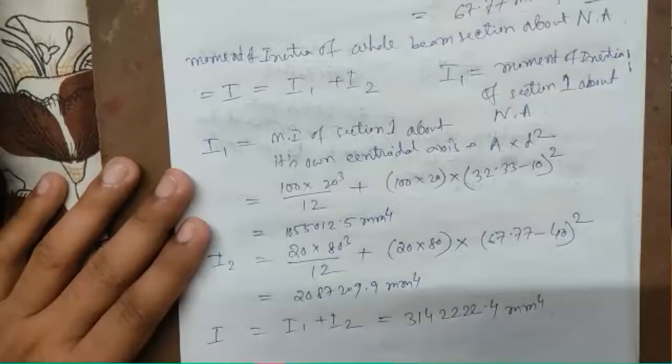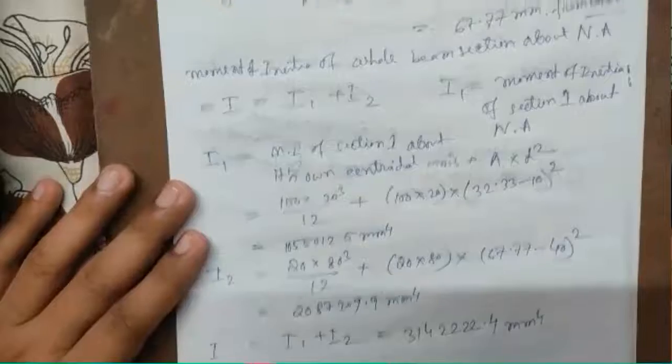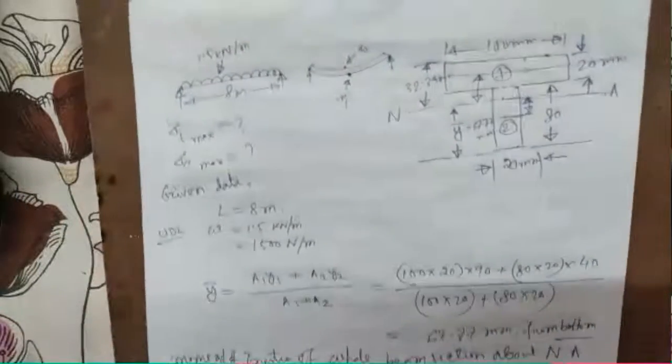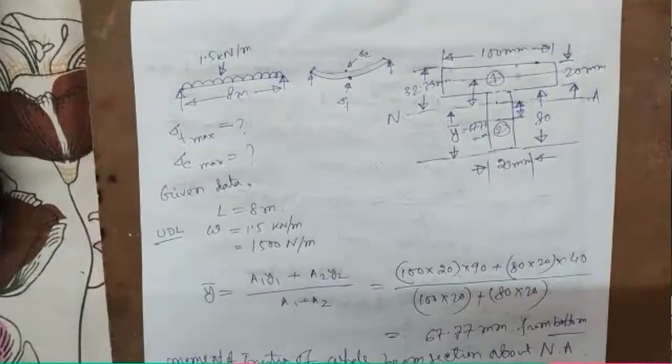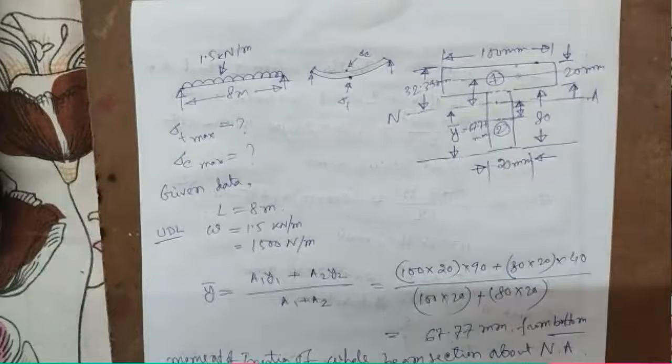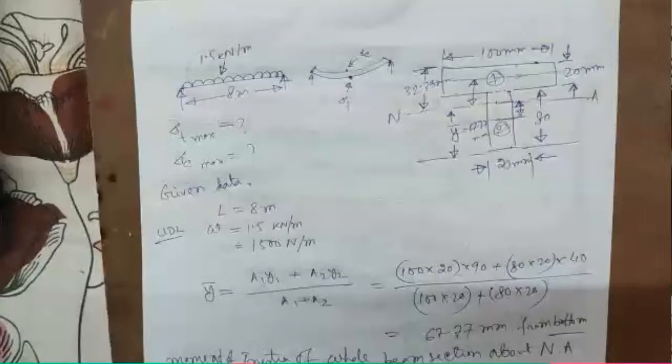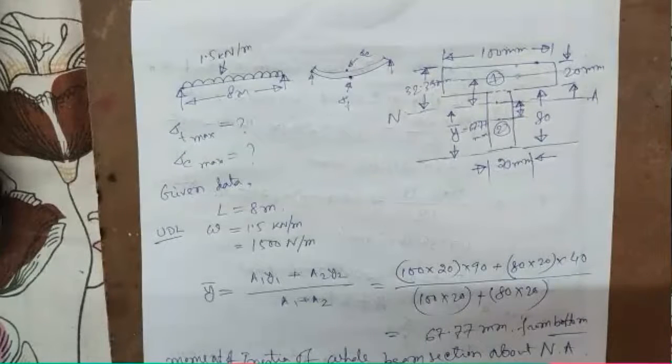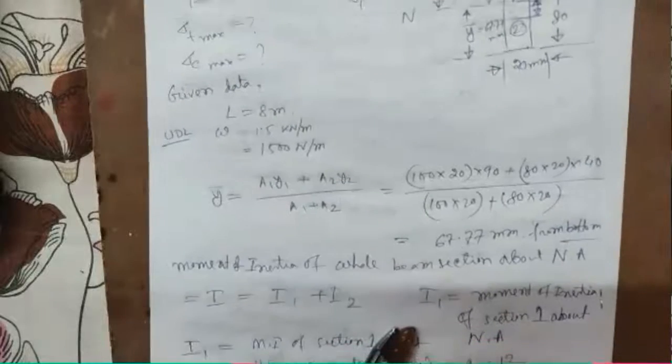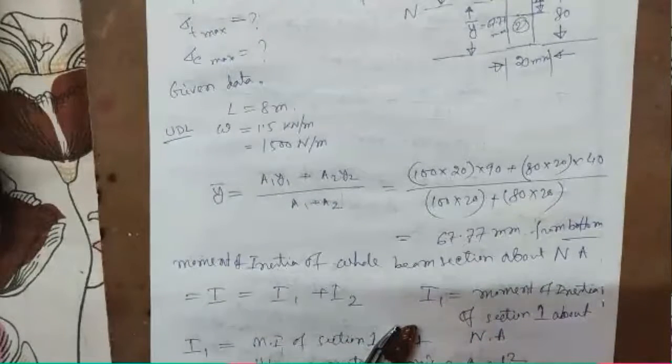Now look carefully. If you have any problems up to this point, we can discuss. Please ask if you have any problems. I think if you solve a few problems on moment of inertia and centroid, you will easily get that, because this is a very easy chapter.